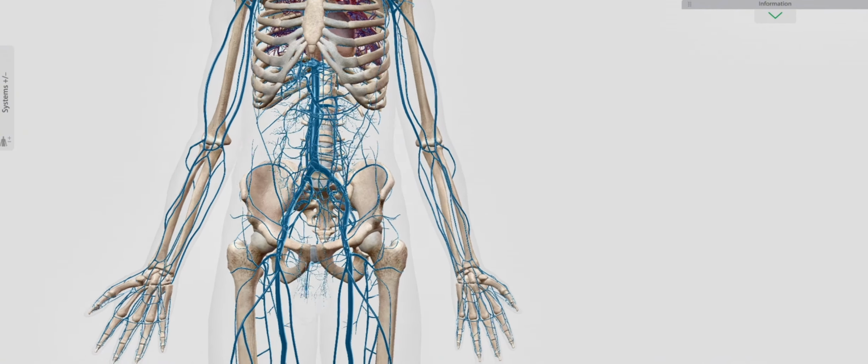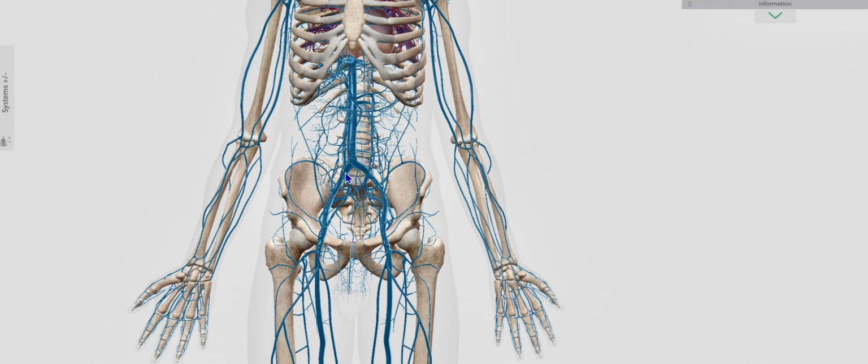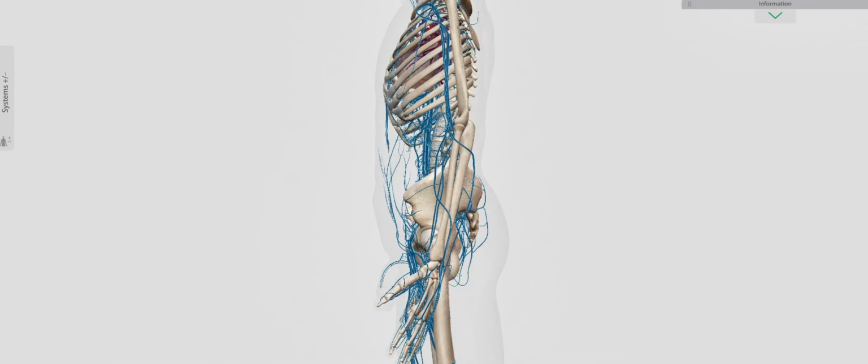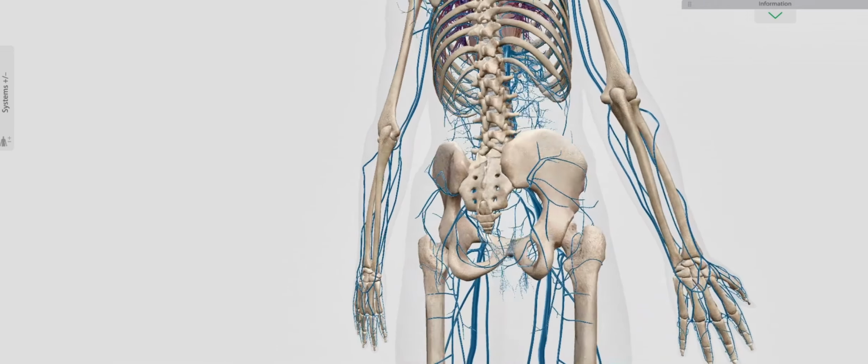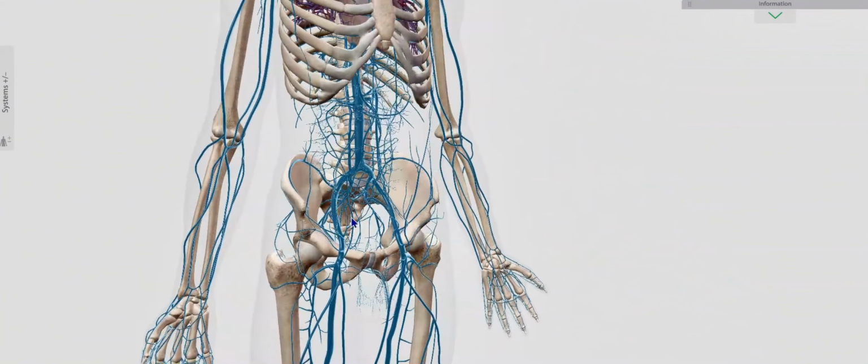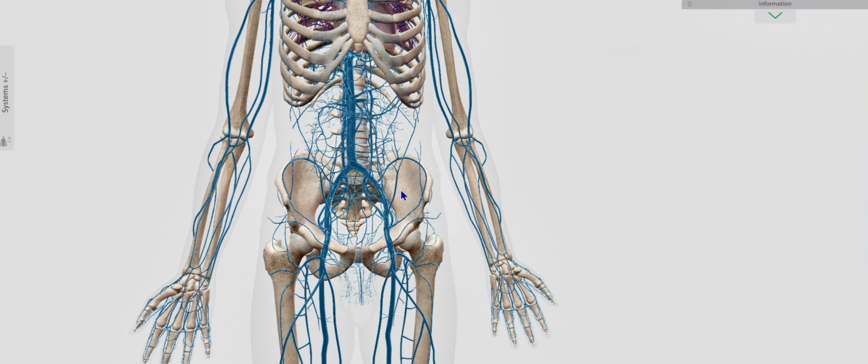You've got your femorals here, running down, just like you had your femoral arteries, the femoral veins. This area here is very problematic when you talk about injuries. Any fracture of the pelvis can be very detrimental in terms of the amount of blood loss. You can bleed out from veins or arteries into your pelvic cavity.